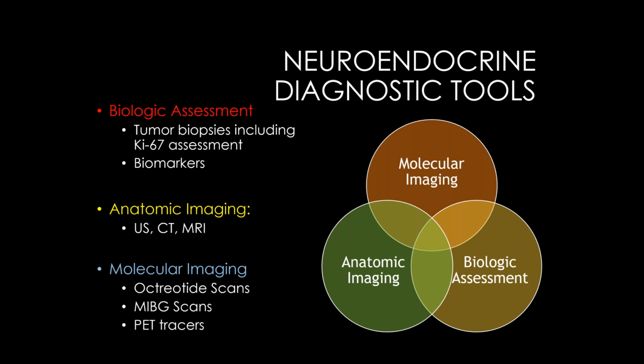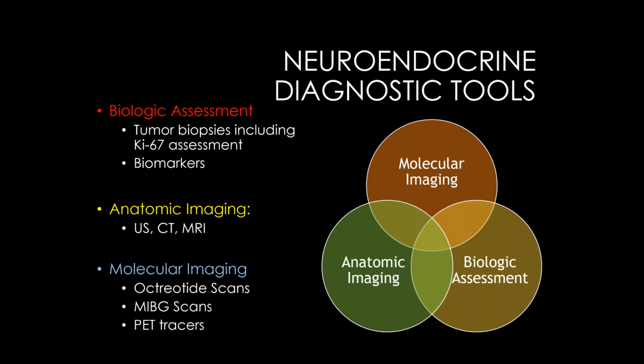In terms of the diagnostic tools, we can break it down into the biological assessment, in which we look at the tumor biopsy and stain for certain markers, the most common being Ki-67. Then there's anatomic imaging, or what I call radiology, and that's ultrasound, CT, and MRI imaging. And then there's molecular imaging, which is nuclear medicine, and that includes Octreotide scans, MIBG scans, and the different PET scans.